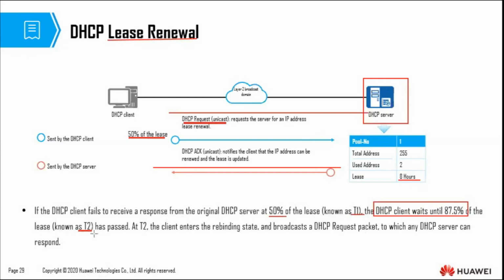If it reaches T2 and it has not received an acknowledgement, it enters what we call the rebinding state and broadcasts a DHCP request packet so that it can now request a new IP address from any other DHCP server that is on the network. Are you getting the point? Is that clear? Wonderful.